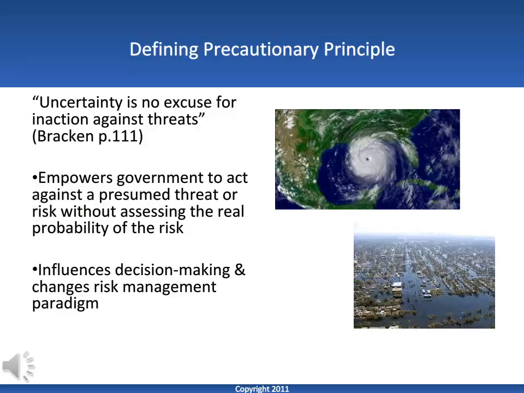Maybe the quintessential example of this would be the decision by George W. Bush to invade Iraq in 2003 on the supposition that they had weapons of mass destruction.